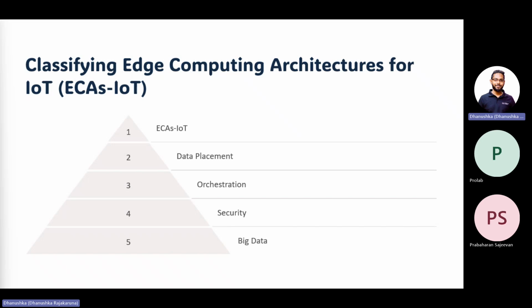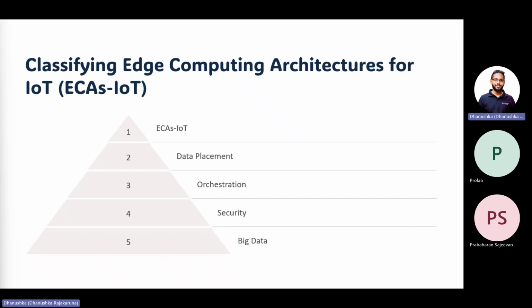Classification based on integration with the cloud: cloud-enhanced edge computing, like video analytics for surveillance systems; cloud-dependent edge computing, like IoT devices in e-commerce for inventory management; then standalone edge computing, like remote IoT installations in areas with limited internet access.